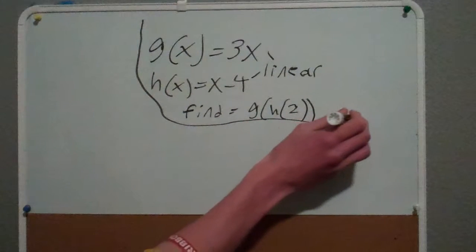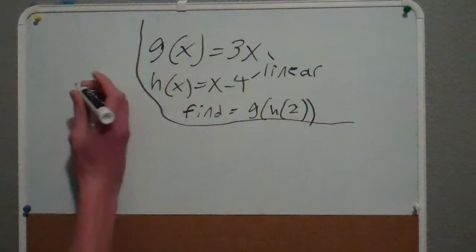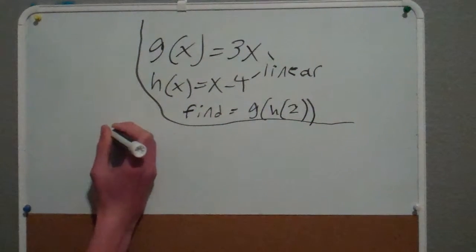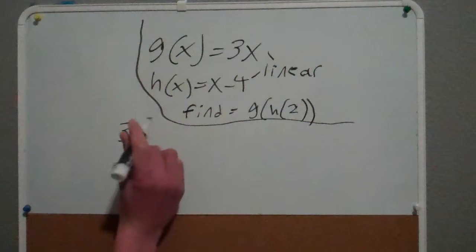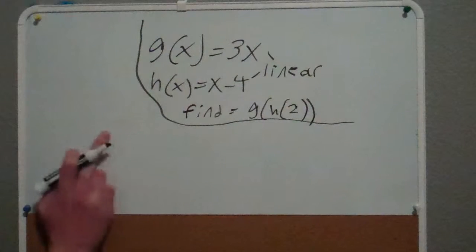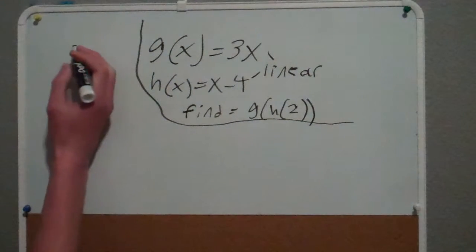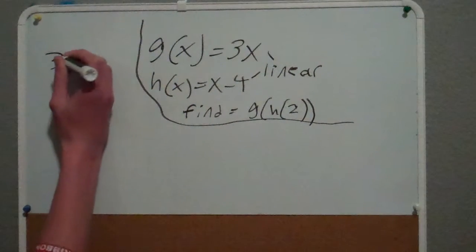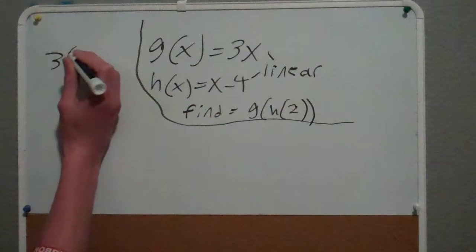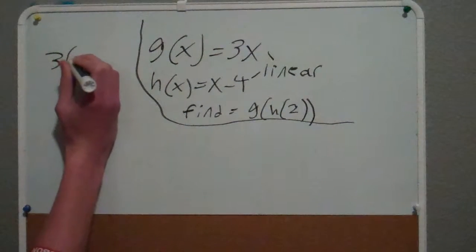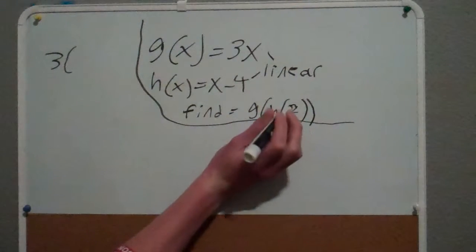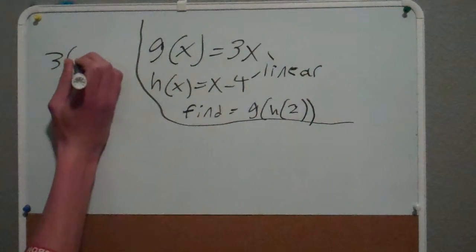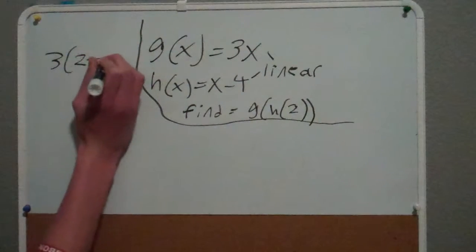Remember, we're looking for this, so we're going to have your g is equal to 3, but let me move this up here for you guys, because I don't want to run out of room. Alright, 3, and your x will be substituted in for x minus 4, but since our x is going to be equal to 2, we're going to do 2 minus 4.